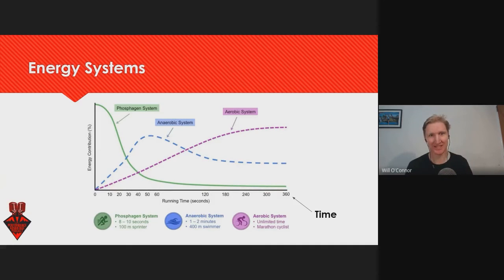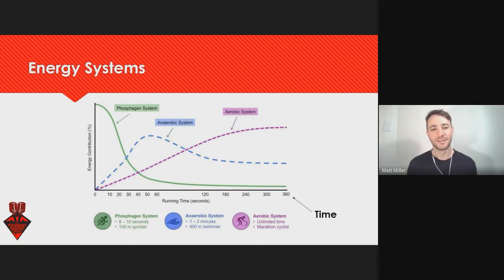All right, energy systems. We've got three main energy systems. Most of you would have seen these before: phosphocreatine, anaerobic, and aerobic. The phosphocreatine system is not really super important in terms of endurance sports. It's for the big dogs, the sprinters, the powerlifters, things that are taking 8 to 10 seconds, and we're just not those kind of people, are we, Matt?